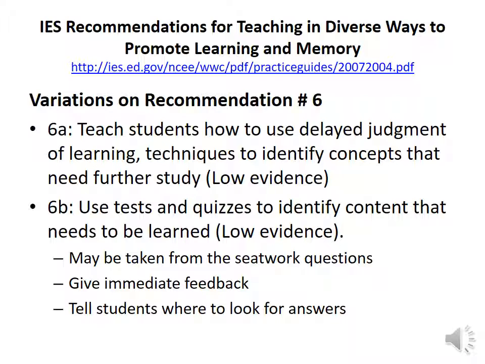Teach students how to use delayed judgment of learning techniques to identify concepts that need further study. Low evidence. 6B. Use tests and quizzes to identify content that needs to be learned. Low evidence. May be taken from seat work questions. Give immediate feedback and tell students where to look for answers.